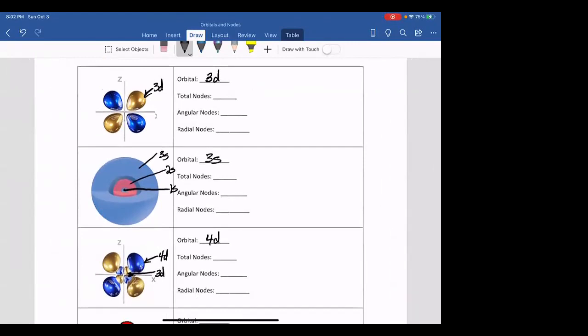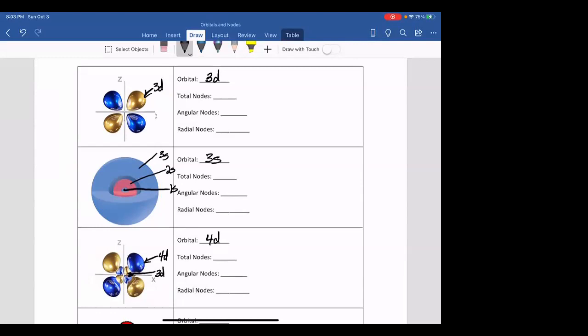Let me just, I can look real quick. Yeah, the first one says 3D and then the 3S, but that one says also 3D. So I was just making sure that it was 4D. Oh, no, it should have been a 4D. I was doing them rather rapidly. So I was just making sure that I was doing it right and not doing something wrong. No, that's my fault. I'm sorry. Oh, no, it's okay.